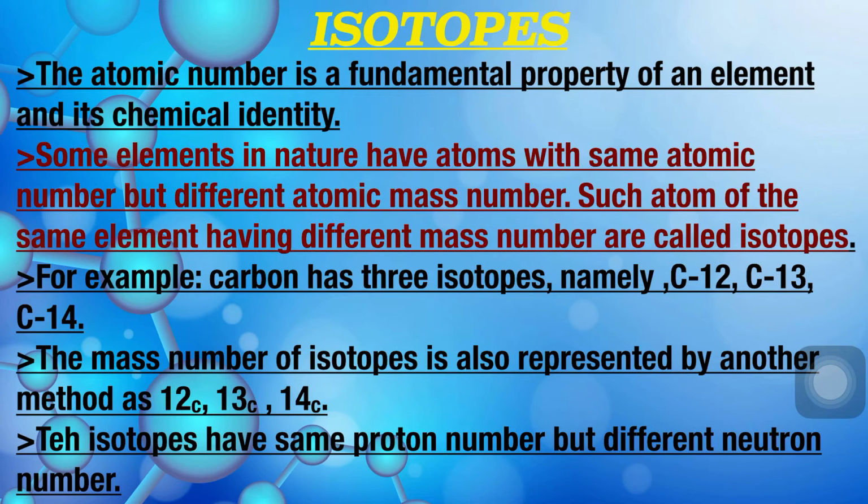So students, I hope you all understood that isotopes means same atomic number but different atomic mass number. For example, carbon has atomic number 6, the atomic number will be the same but the mass number will be different: C12, C13, C14, C15, etc.